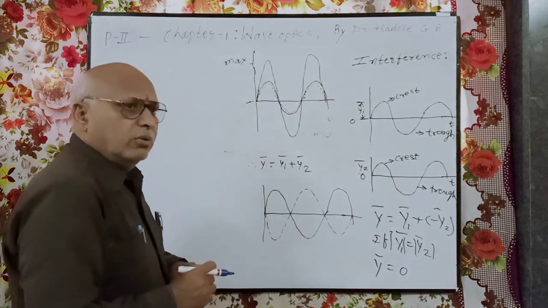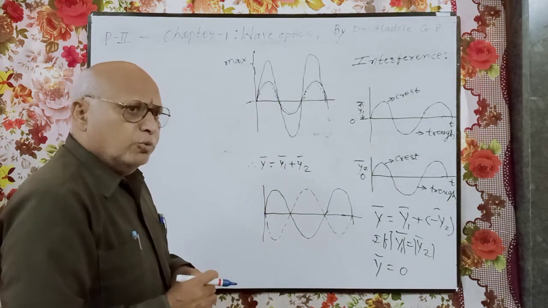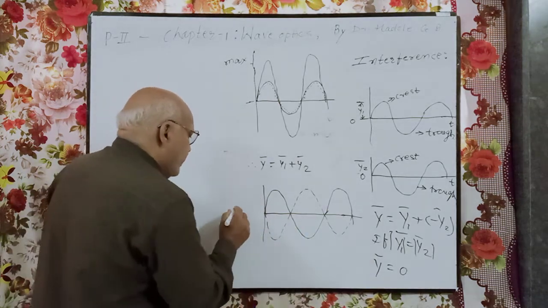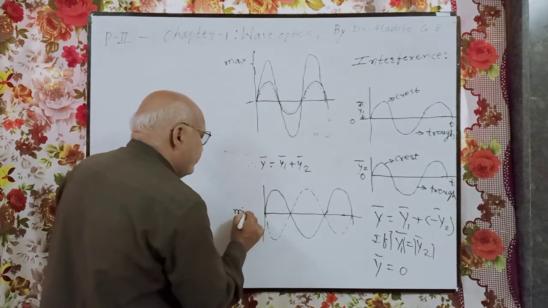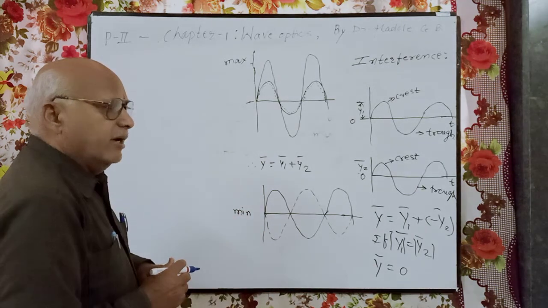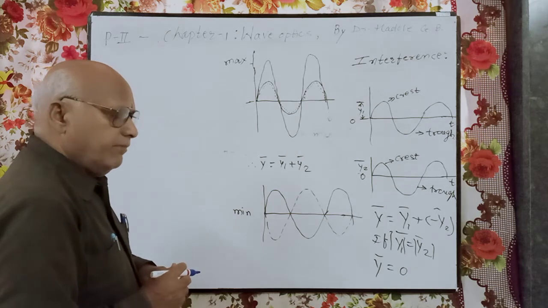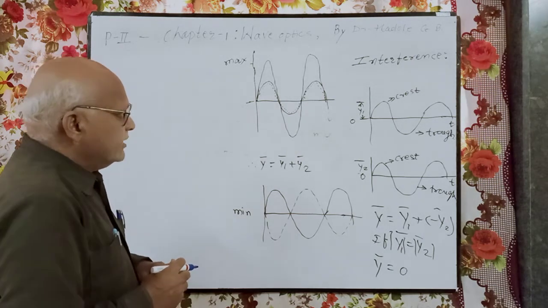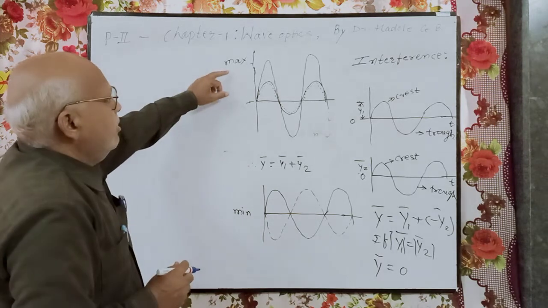They are going to coincide. When they coincide, the resultant displacement is equal to 0, and therefore there is a formation of minimum of light, or minimum intensity of light, or minimum displacement of light.